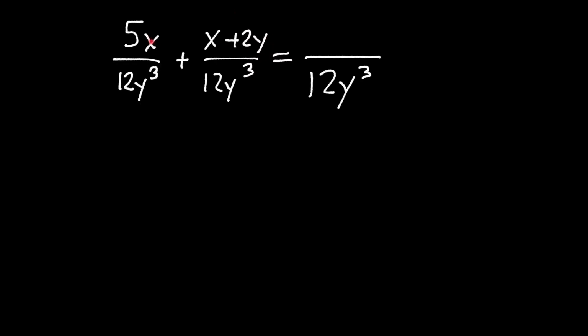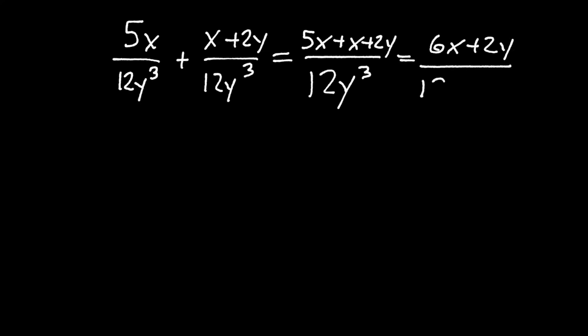But the numerator is going to become 5x plus x plus 2y. And then from there we can combine any like terms. So I have 6x plus 2y all over 12y to the third.